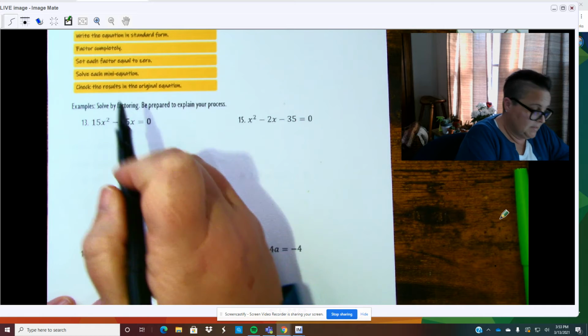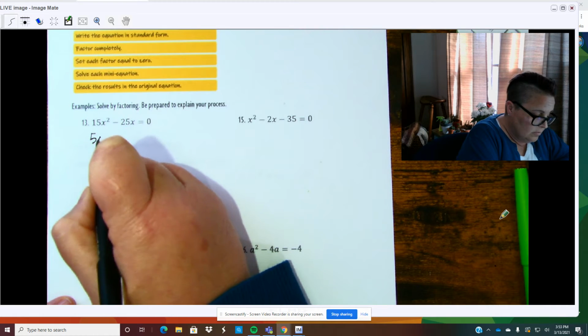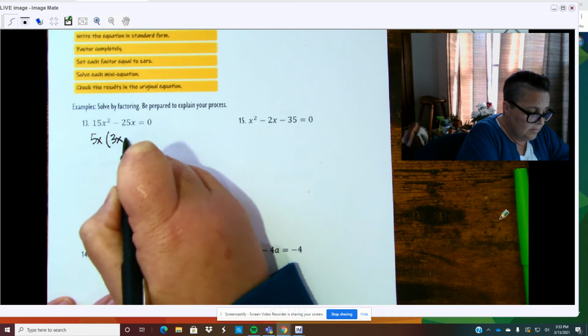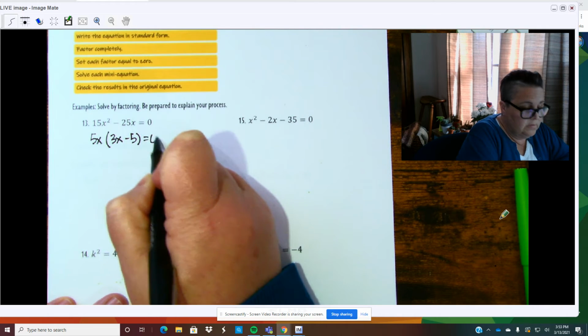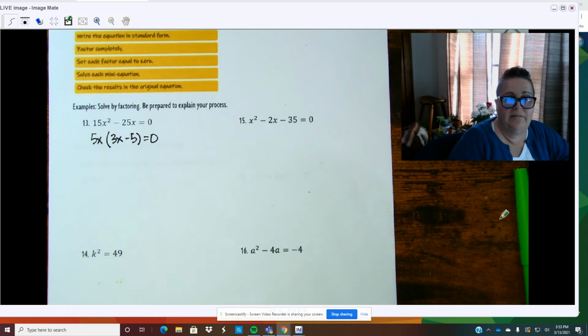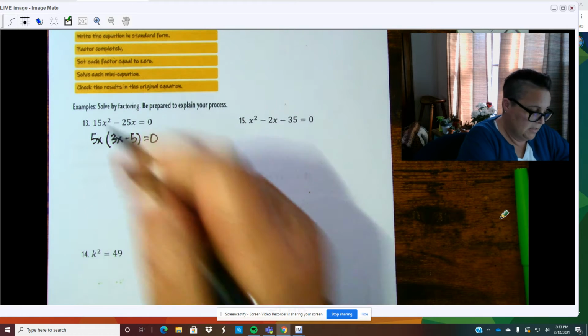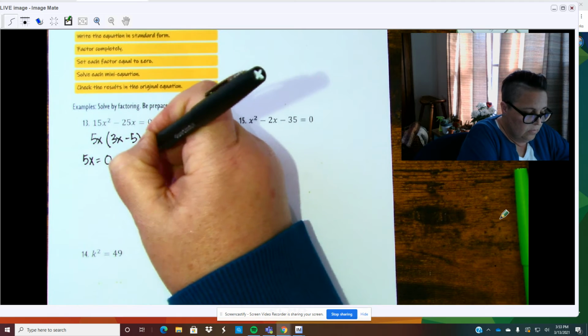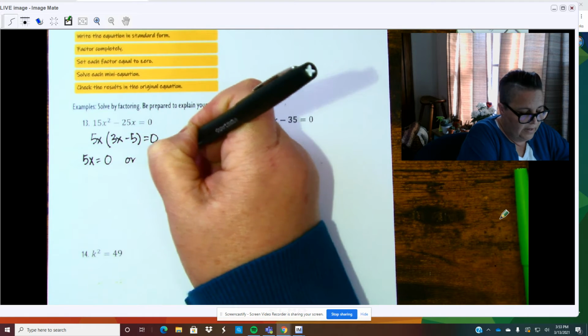I'm going to look at this and I'm going to see, okay, I can pull a 5x out. If I pull a 5x out, I'm left with a 3x minus 5 equal to 0. It is fully factored. Since I have a 5x and a 3x minus 5 as my two factors, it must be true that either 5x is equal to 0 or the 3x minus 5 is equal to 0.